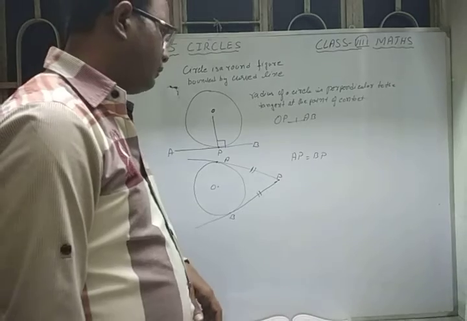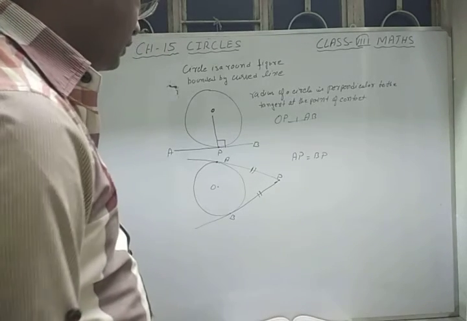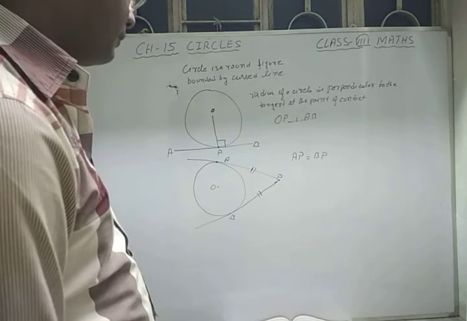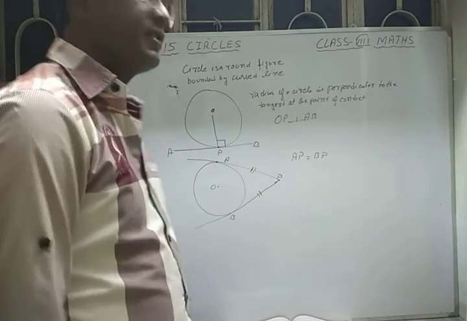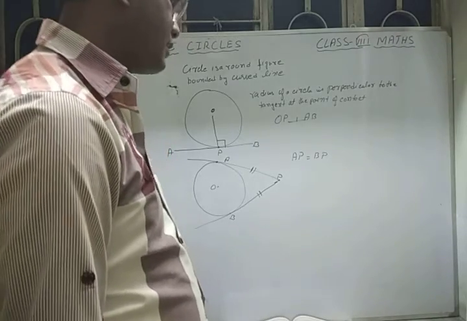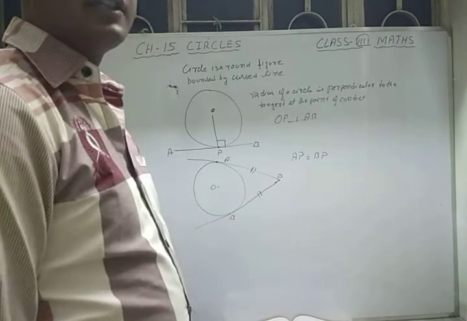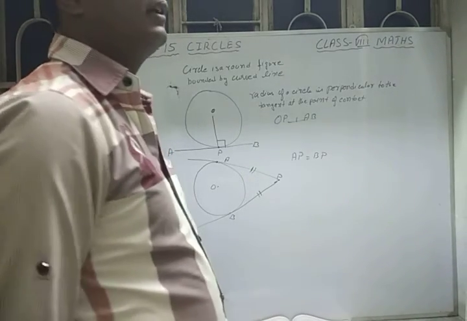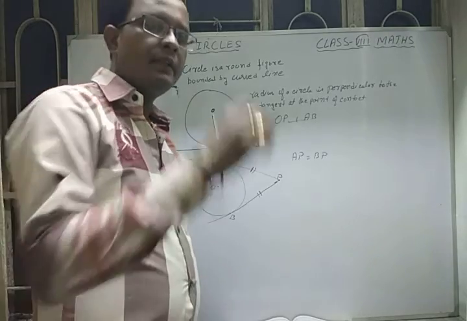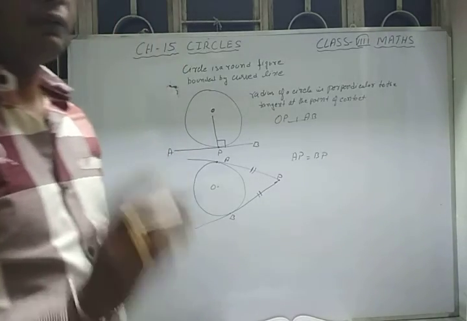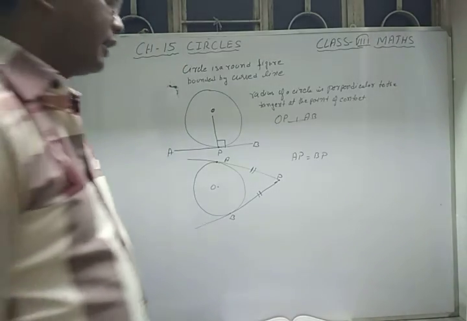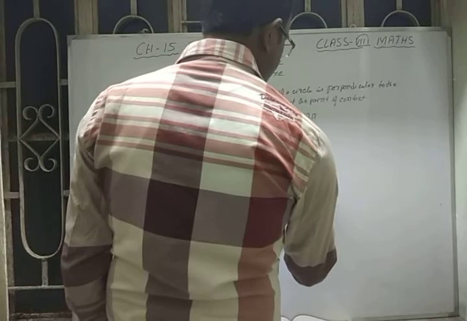Now another property of the circle is the angle in a semicircle. The angle in a semicircle formed by the diameter at any point on the circumference is always 90 degrees. What does it mean?